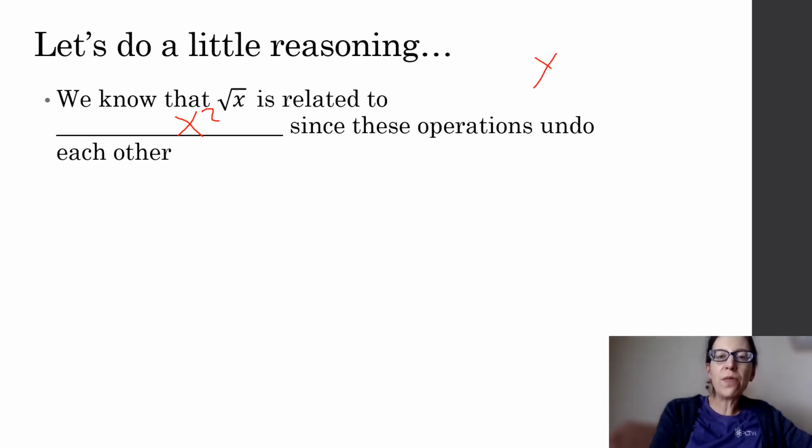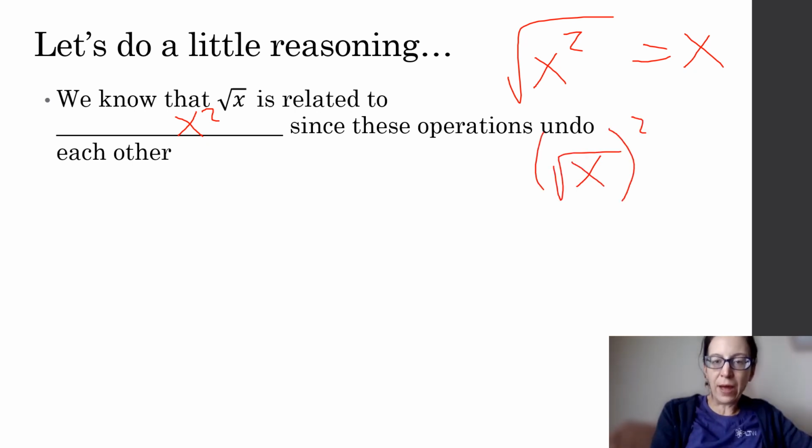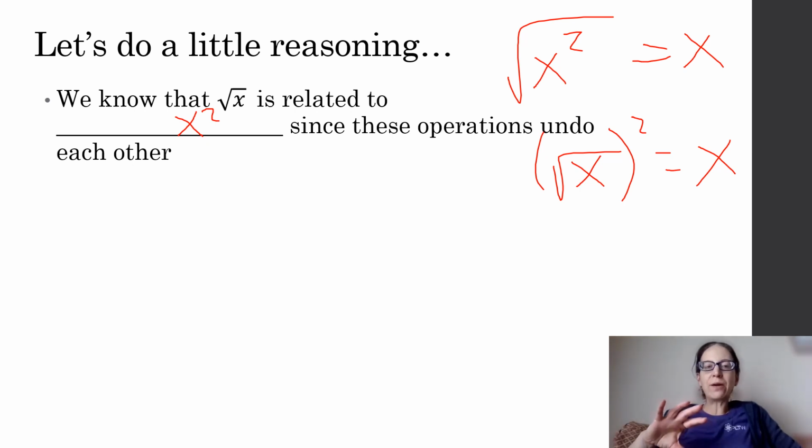If we have x and we square it, and then we square root it, we'll have x. If we have x and we square root it, and then we square it, we will be back to x. So the position of that exponent can be in or outside of the radical, and the square root and the squaring undo each other. We know that those two operations are related.